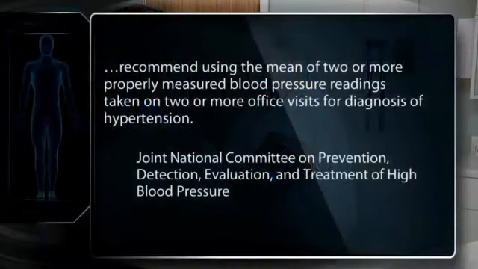In 2003, the Joint National Committee on Detection, Evaluation, and Treatment of High Blood Pressure recommended using the mean of 2 or more properly measured blood pressure readings taken on 2 or more office visits for diagnosis of hypertension.